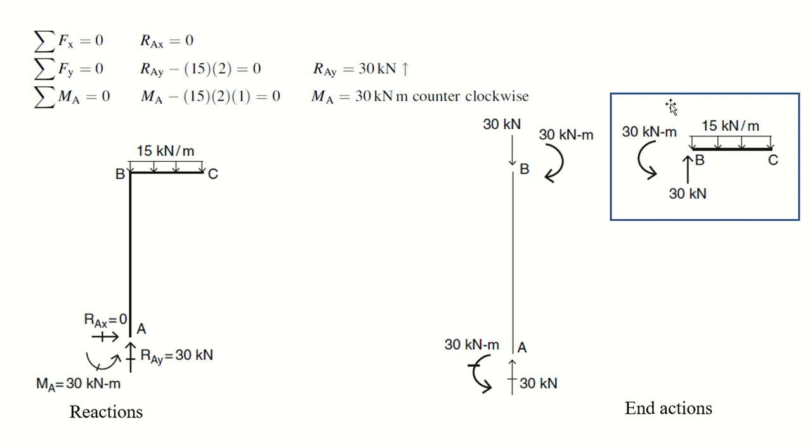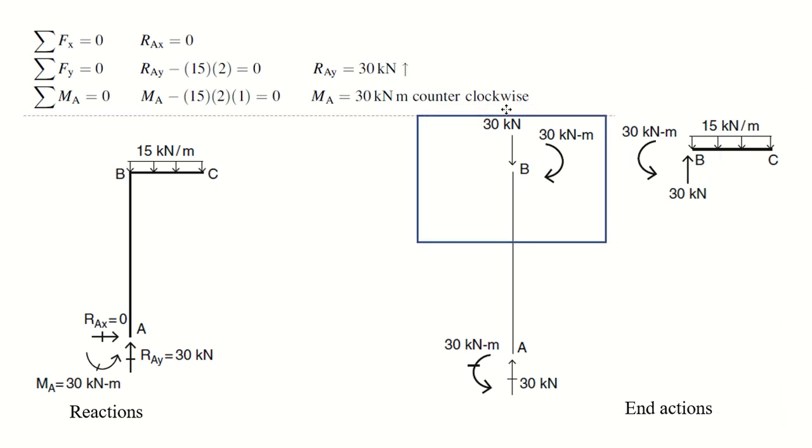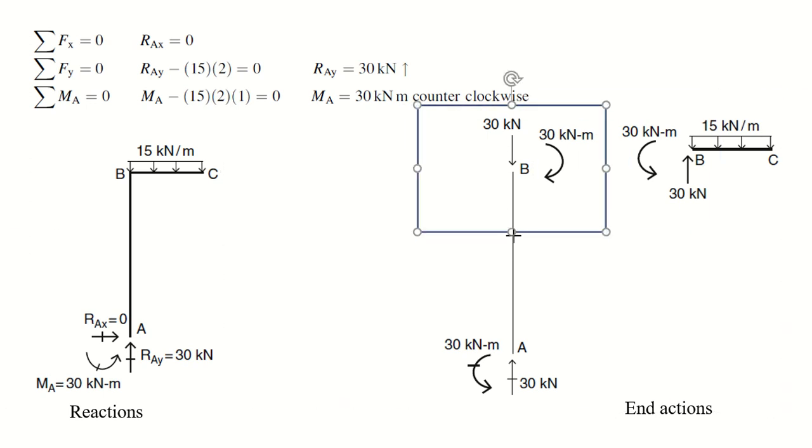Now, once you have analyzed it, see all your equilibrium equations are satisfying for this portion. Then you have to move to your column. At joint B, you first have to make your joint B in equilibrium.